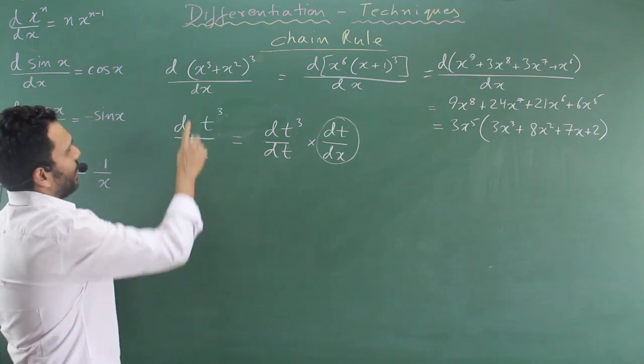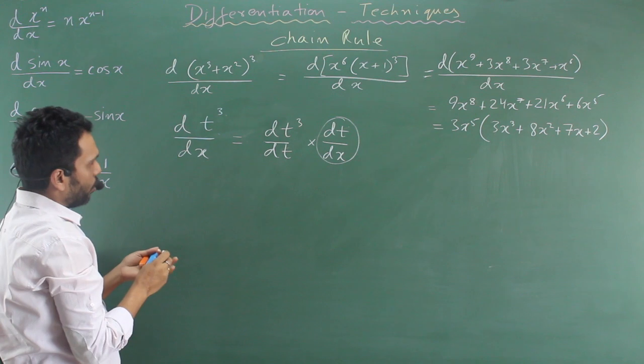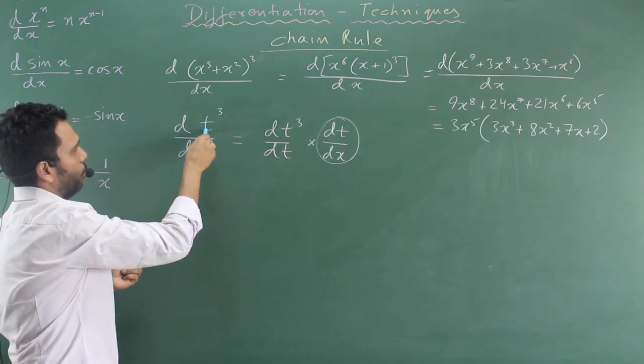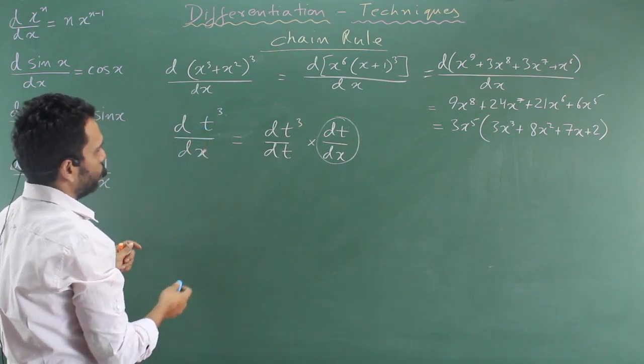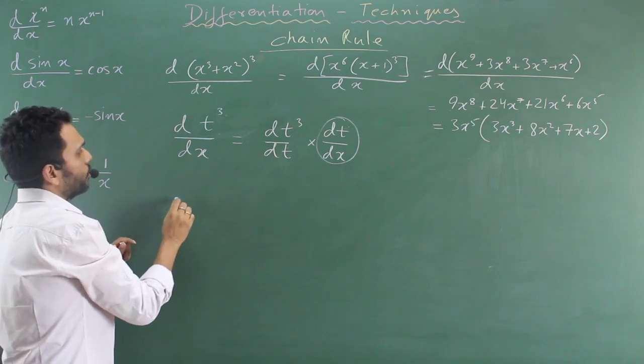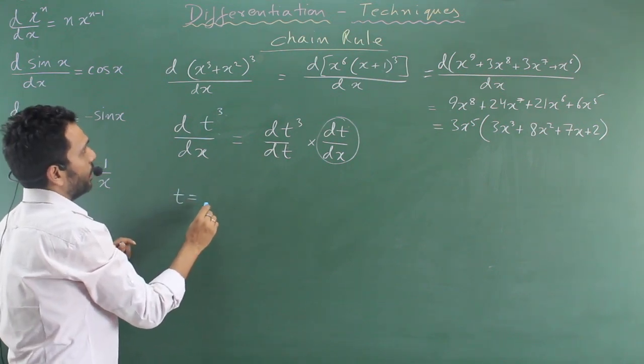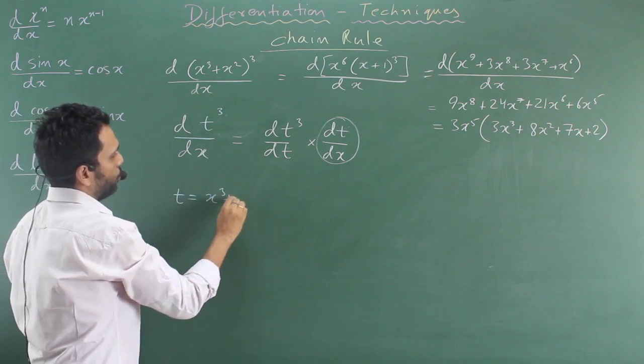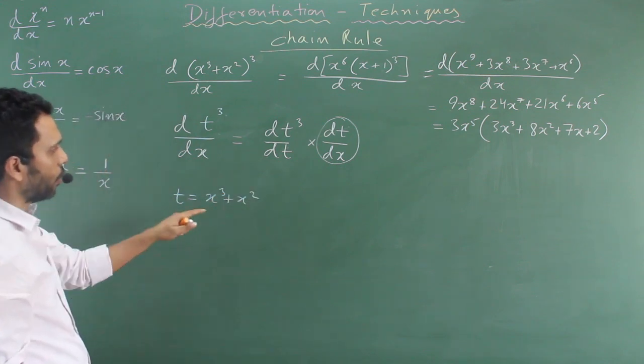So what is there? I have called this t. Later on I'll avoid putting an extra variable over here because we'll want to do these questions in our head ultimately. So what's your t over here? t is x cube plus x square. I've called that t.